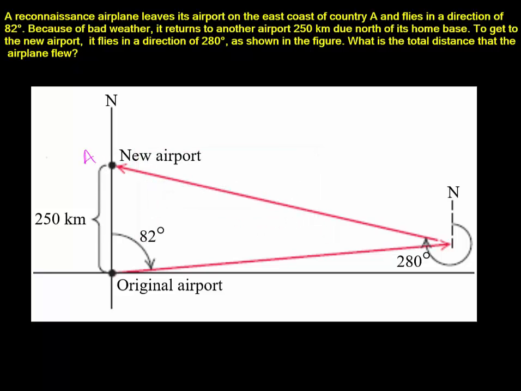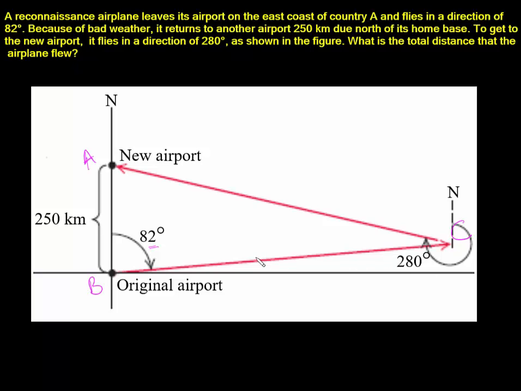Let's first label the sides of this triangle. Let's say this is A, B and C. We know angle B is 82 degrees, but we need to find angle A and at least one of A and C so we can find the other.